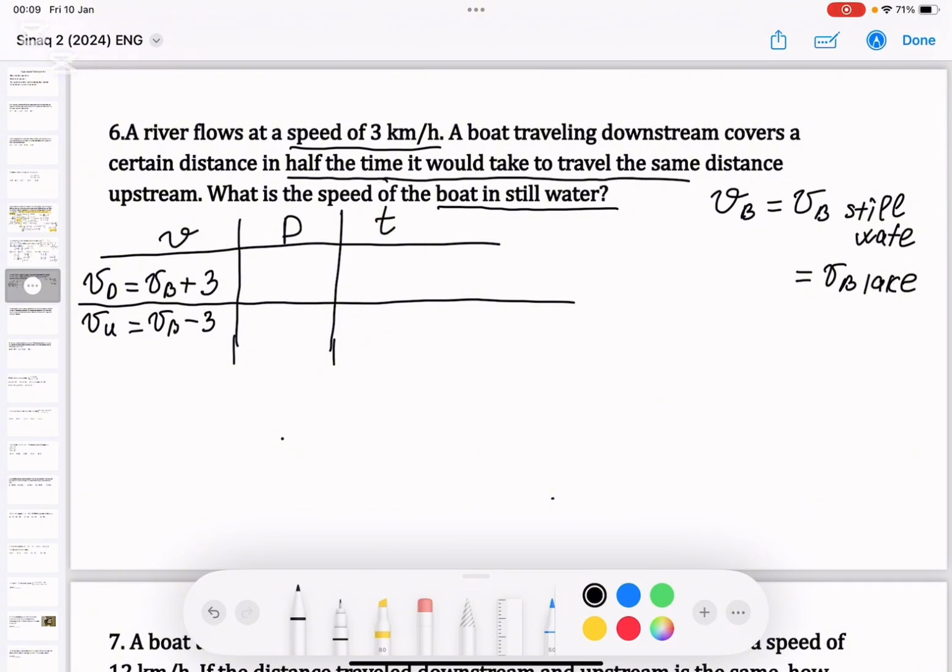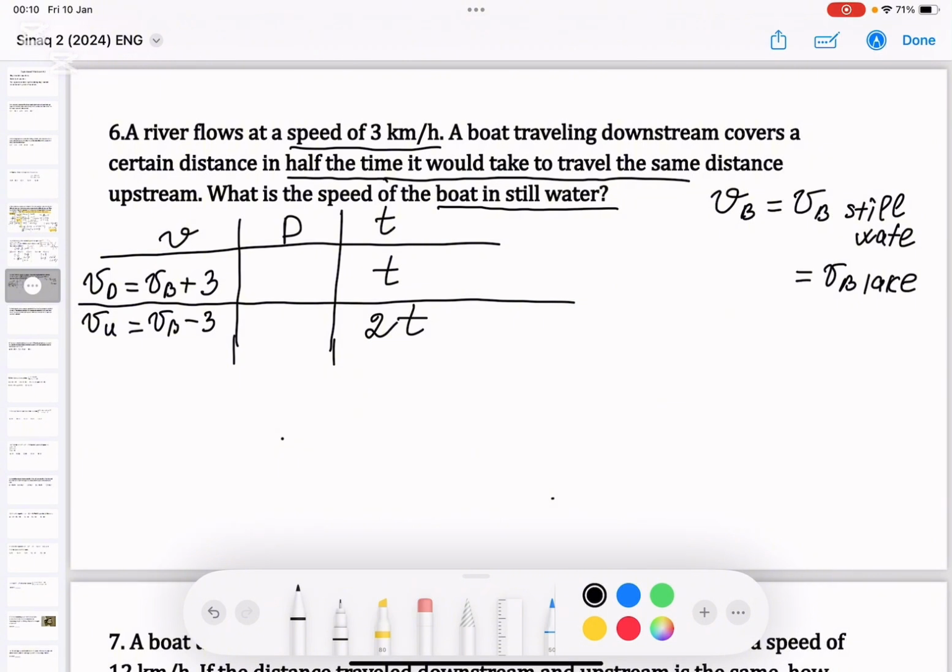Okay, when it comes to the time it takes, a boat traveling downstream covers a certain distance in half the time it would take to travel the same distance upstream. So if you travel downstream for t hours, you're going to travel upstream for 2t hours.